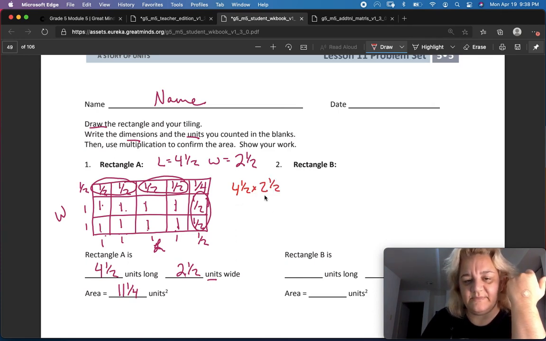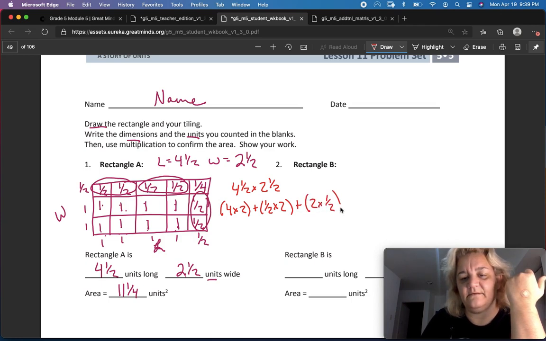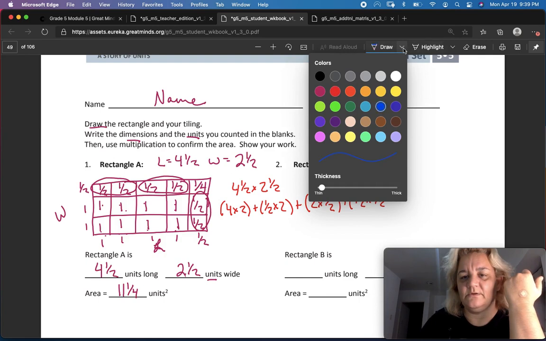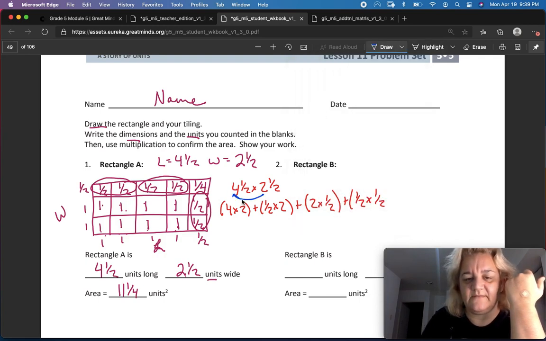I can distribute and do 4 times 2 plus 1/2 times 2 plus 2 times 1/2 plus 1/2 times 1/2, which would be 4 times 2 and then 4 times 1/2. Oh, I did make a mistake. Look at that. This is why I'm glad I checked my work.